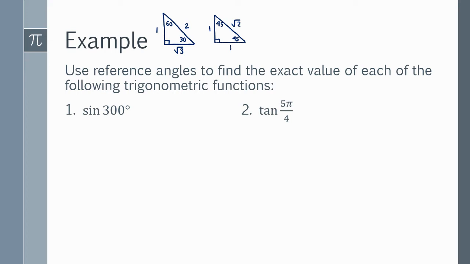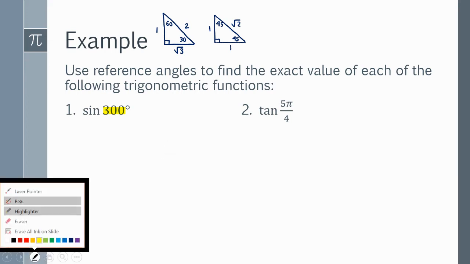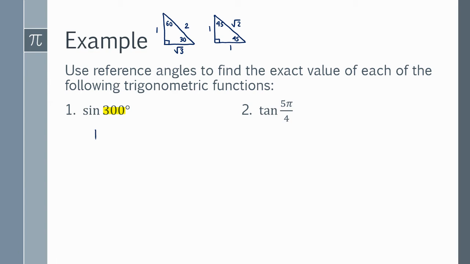When you're dealing with a 300-degree angle, because it's saying to evaluate the sine of 300, we focus first on just that angle, 300. If I was to sketch where that's going to be located, think about the fact that because it's a positive angle, we want to start at 0 degrees.